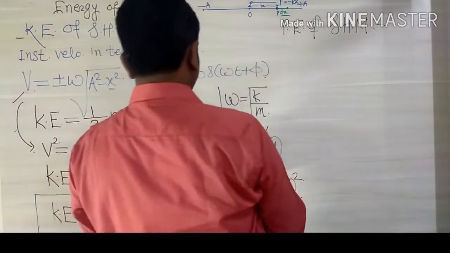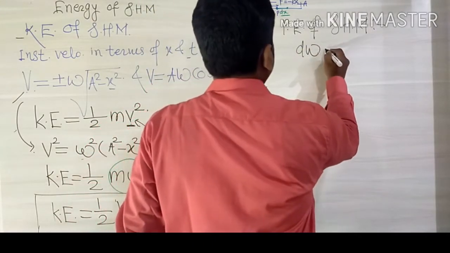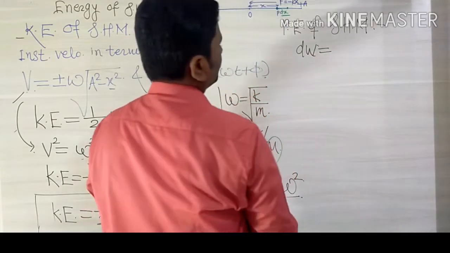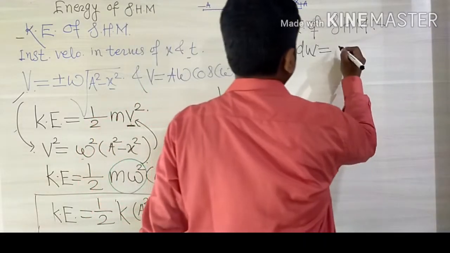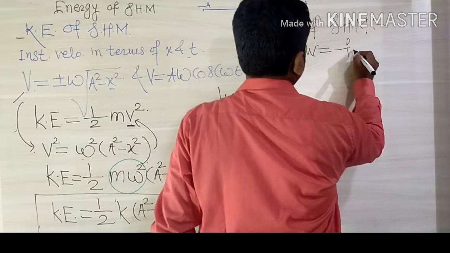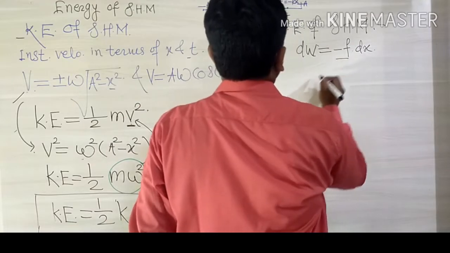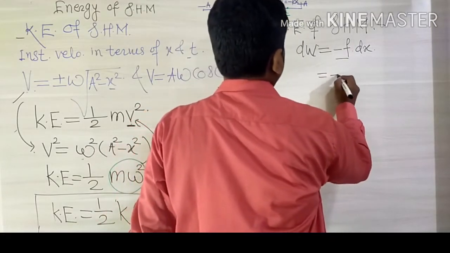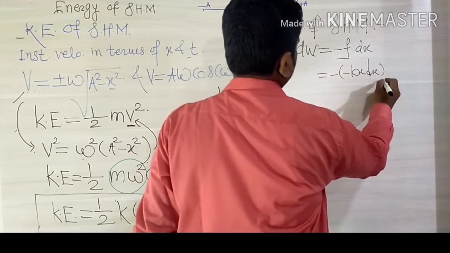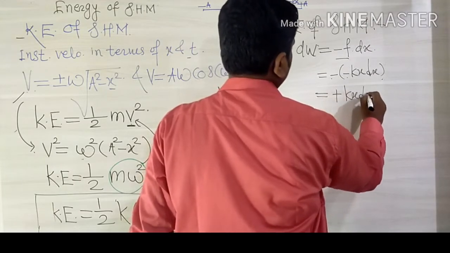So the small amount of work done dW is equal to minus F into dx, that is minus kx into dx, so minus minus gives plus kx dx.